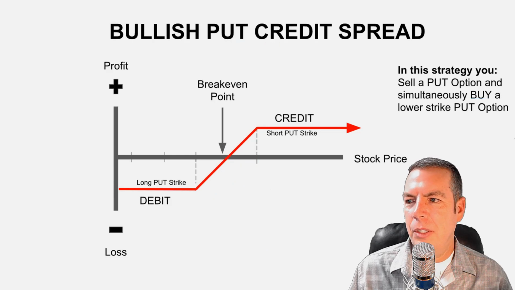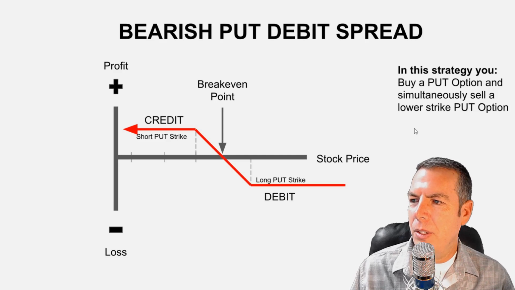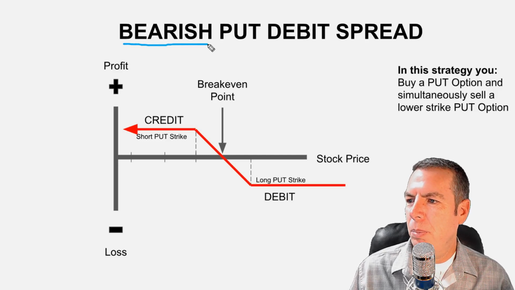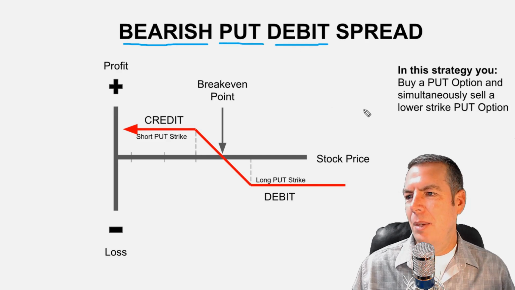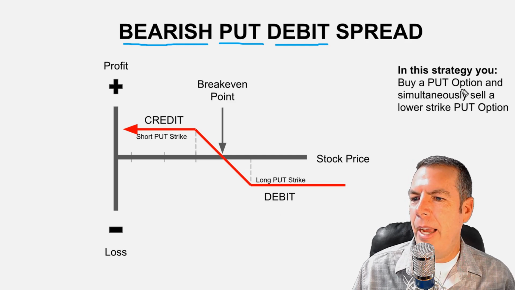All right, let's take a look now at a bearish put debit spread. On a bearish put debit spread, again, this is going to be a bearish play, but it's going to be on the put side and it's going to be a debit. So in this one, we're going to be buying a put option, and simultaneously we're going to sell a lower strike put option.